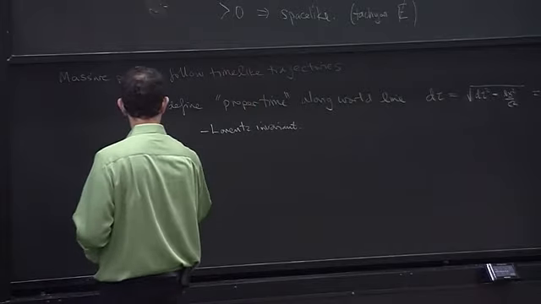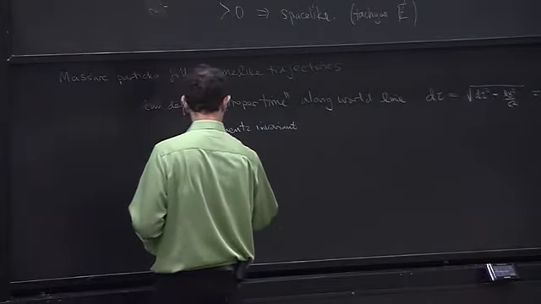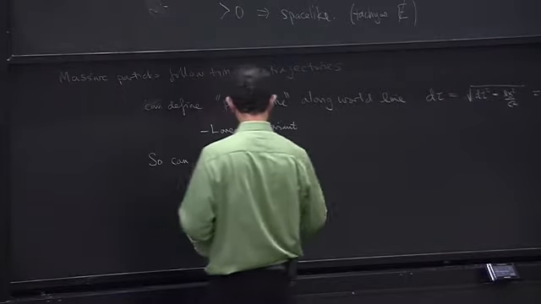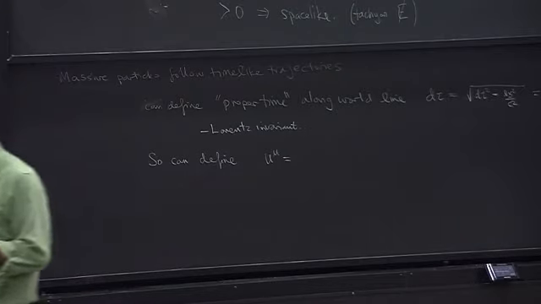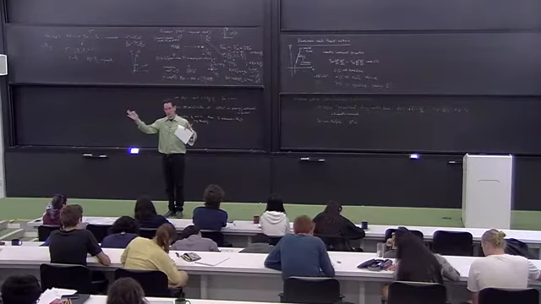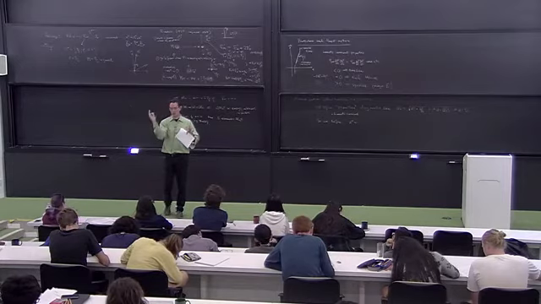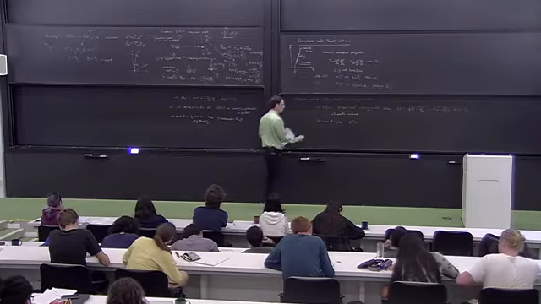Okay, so we can define all kinds of other quantities. The velocity of the particle. Okay, so we have the 4 coordinates of the particle. That's a Lorentz vector, which transforms under Lorentz transformations. What about the velocity of the particle?